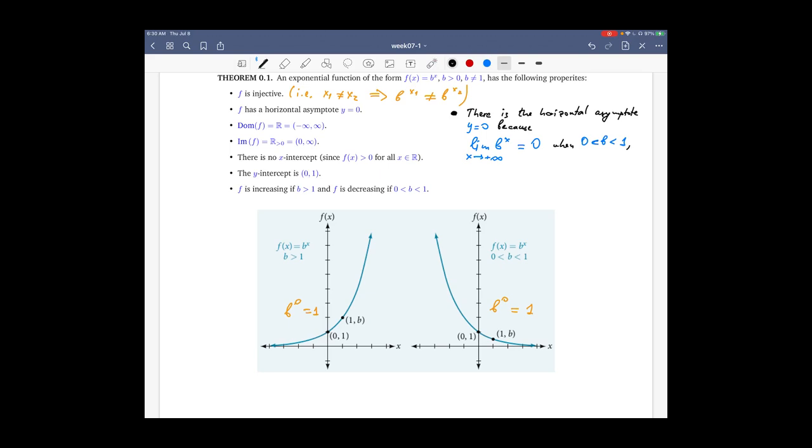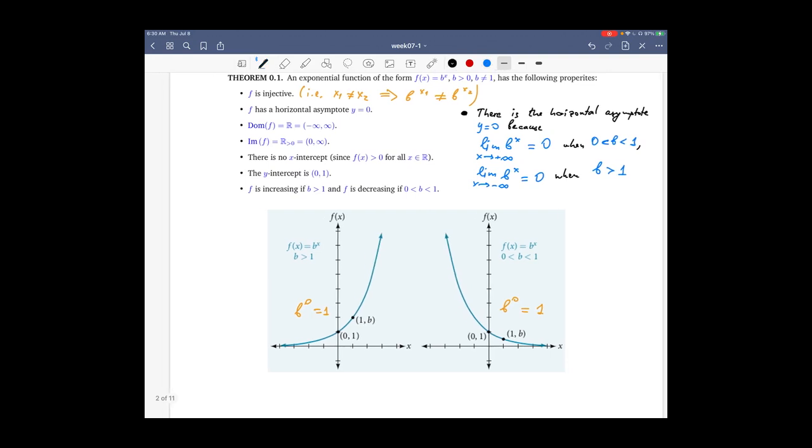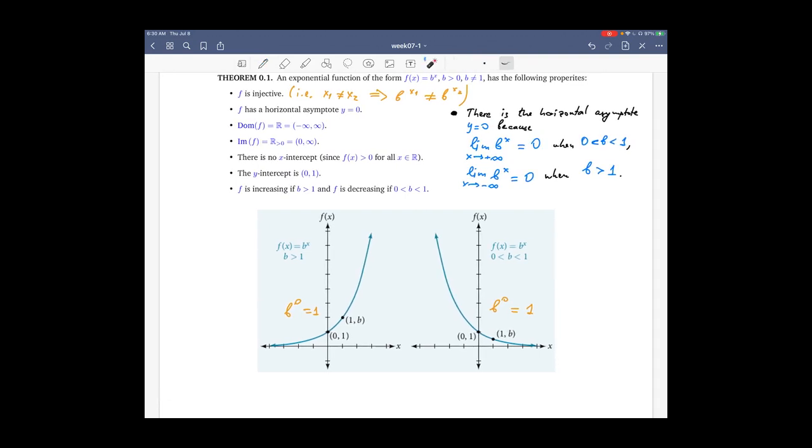And likewise, the limit at negative infinity of b to the power x is 0 in the case when b is greater than 1. We can see this in the graph.